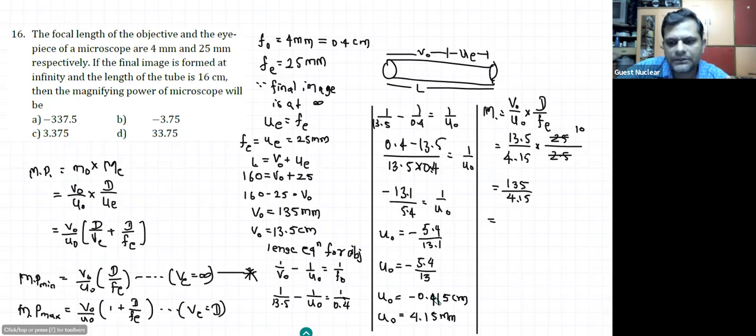UO हमने एक्चुअली सेंटीमीटर वाला यूज करना चाहिए था. ओके, ये जो UO हमने यहाँ पे रिप्लेस किया ना, वो एक्चुअली सेंटीमीटर में लेना चाहिए था. That's correct.